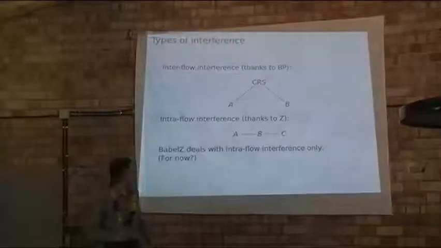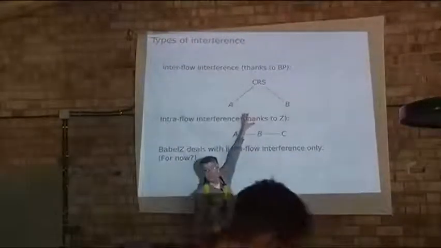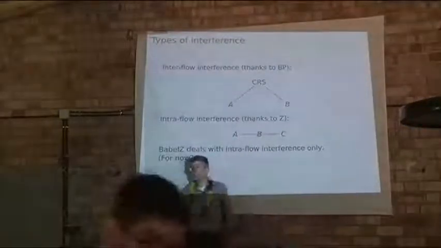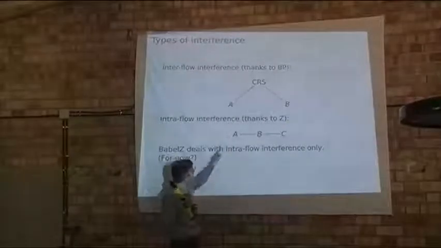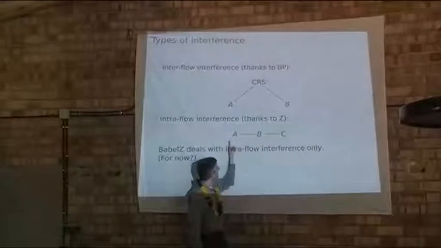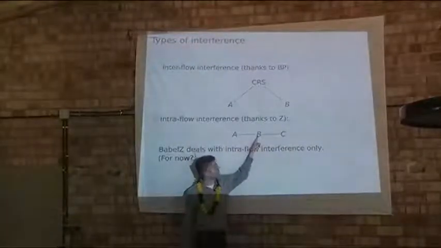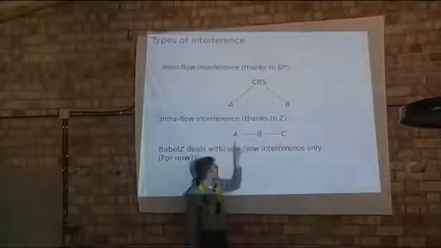If they try to send the data at the same time, then neither of the two pieces of data is going to arrive. In the case of intraflow interference, A wants to communicate with C. He starts sending data to B, and while B is retransmitting A's packet to C, A cannot speak to B.